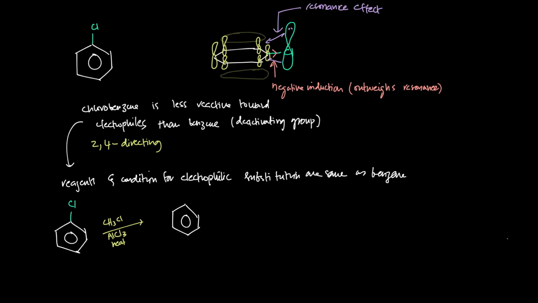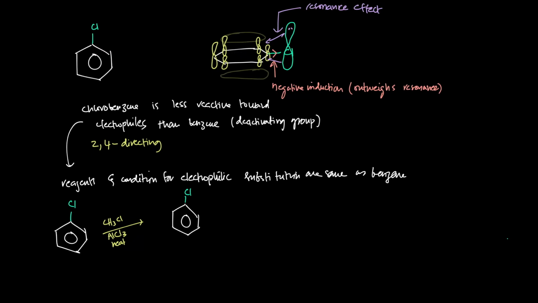I'm going to get chlorine, and then how many possible products will I make over here, considering that chlorobenzene is 2,4 directing? How many different products will I get if I'm carrying out alkylation of chlorobenzene?